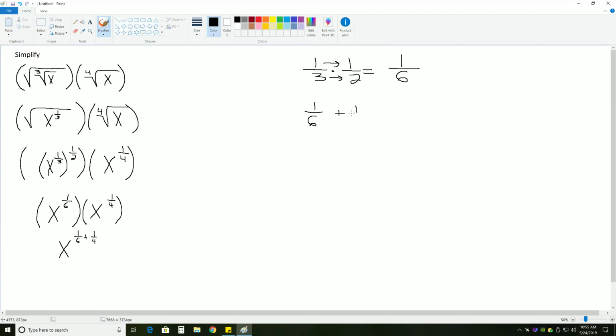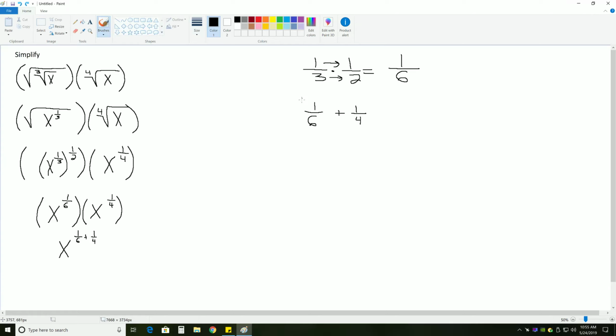1/6 plus 1/4. In order to add two fractions with different denominators, we have to find a least common denominator. The least common denominator is the smallest number that each of these numbers, the 6 and 4, can divide evenly.